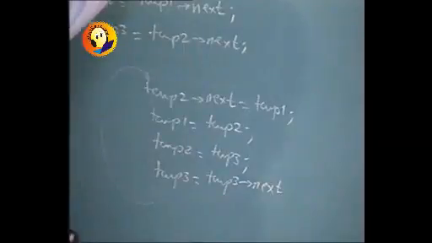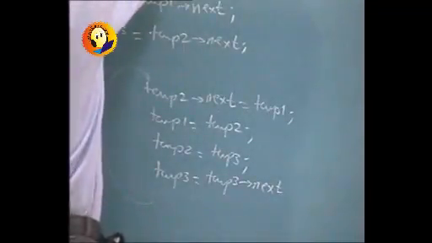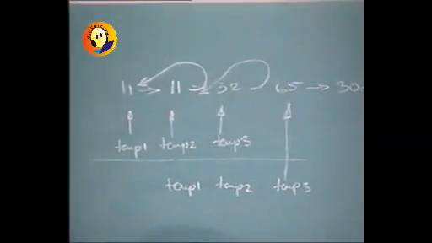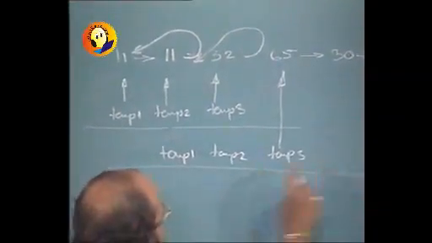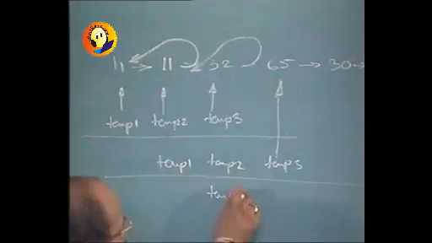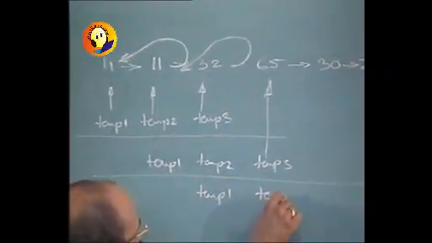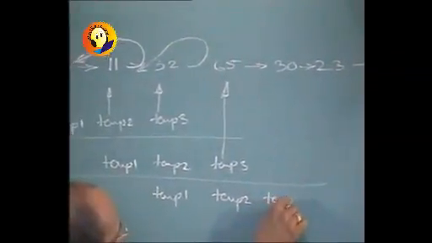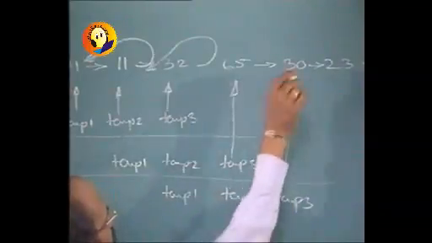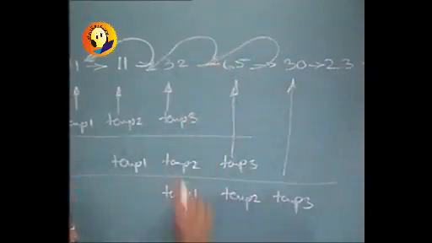Again you set temp2 arrow next to temp1, this will be broken. Again you advance, temp1 will come to the position of temp2, temp2 will go to the position of temp3, and temp3 will advance by 1, temp2 arrow next is temp1. Got it?